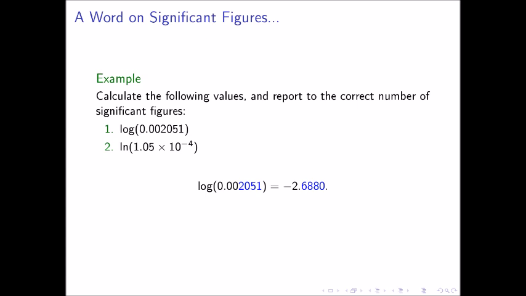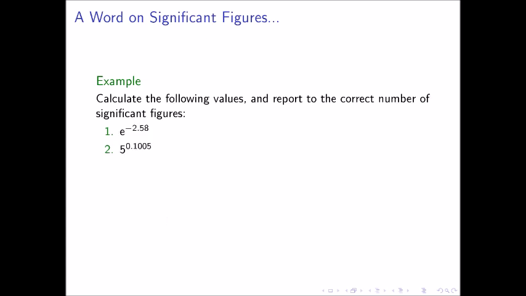Notice that the argument of the logarithm has 4 significant digits, 2051. This means that our value of the logarithm has 4 decimal places. Secondly, we take the natural log of 1.05 times 10 to the negative 4. This is equal to negative 9.162. Once again, we see that our argument of the logarithm has 3 significant figures in this case, 1, 0, and 5, causing us to have 3 decimal places in our logarithm value.